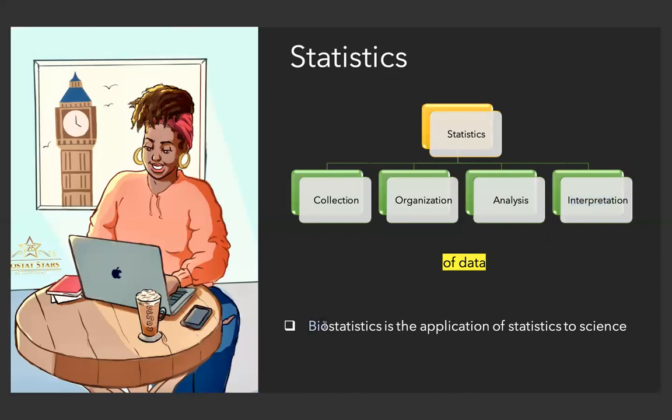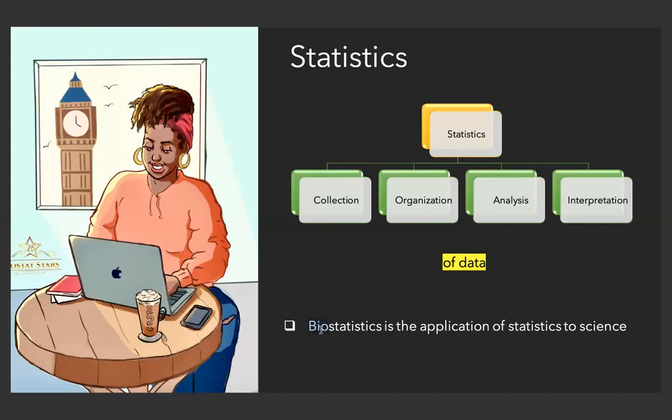Now, where does biostatistics come in? If you look at this word, you can see it's basically just statistics with bio in front, right? Bio is the study of life, like you've heard of biology and biochemistry and bioinformatics. This is all study of life in different aspects.